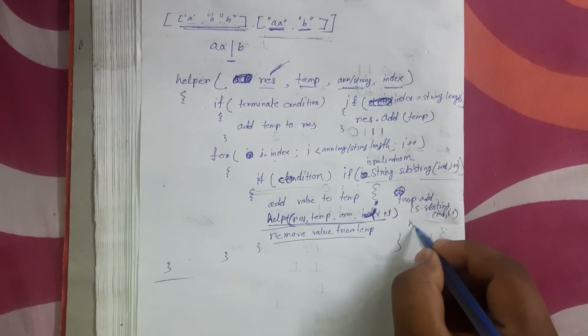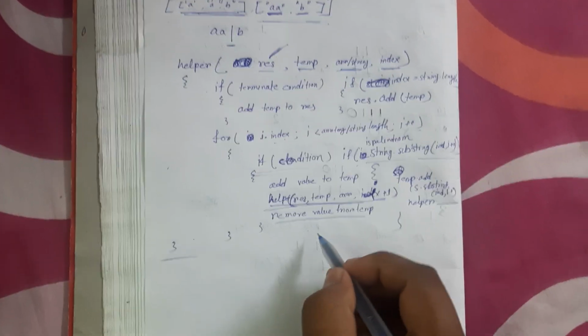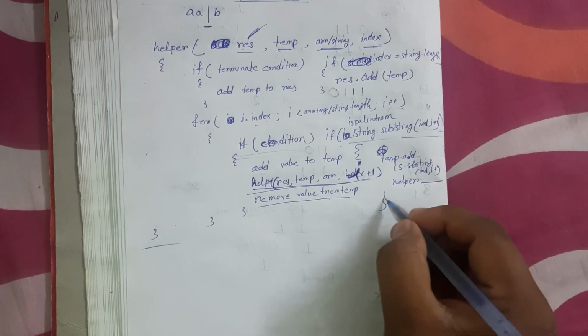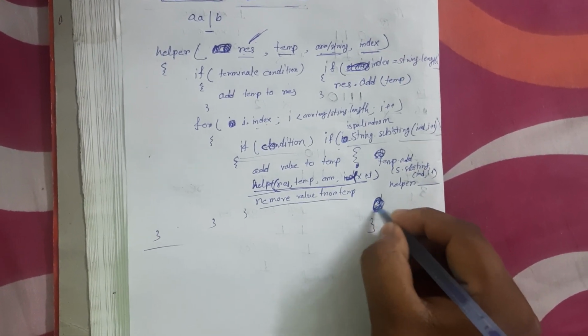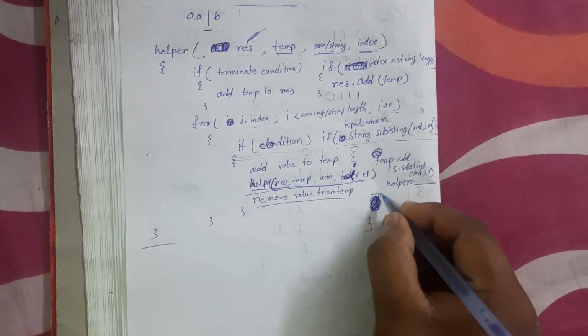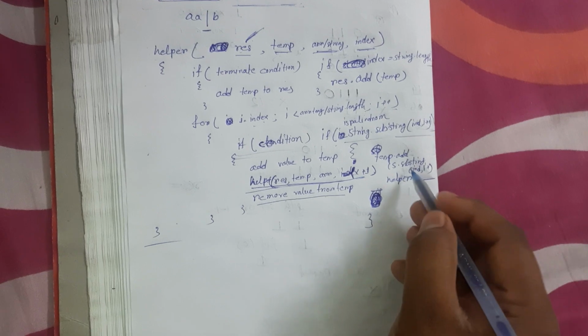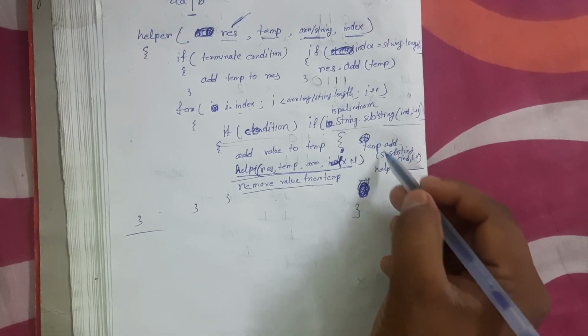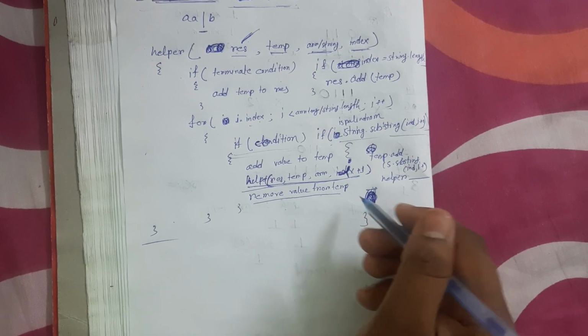Then we need to remove that value from the temp list. Whatever we added as the substring, we need to remove that value from the list.